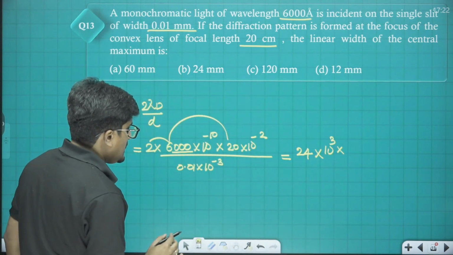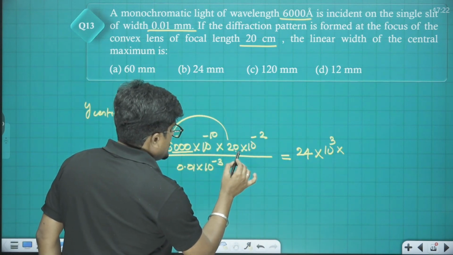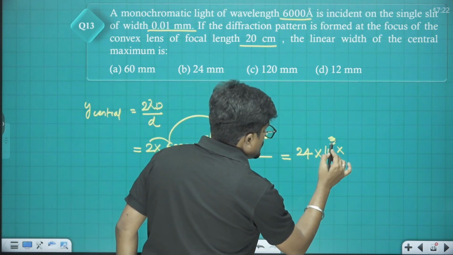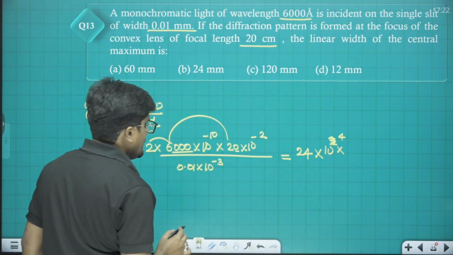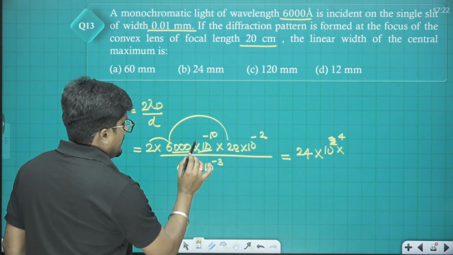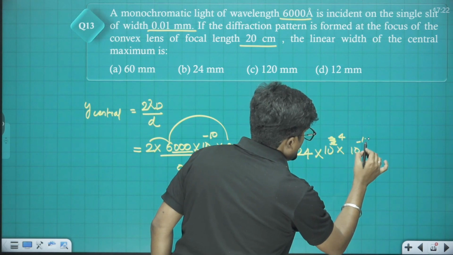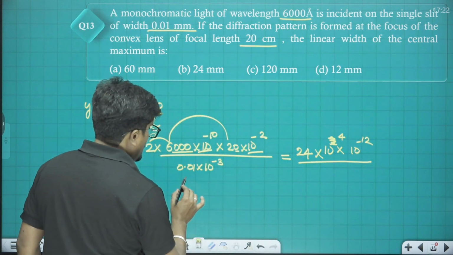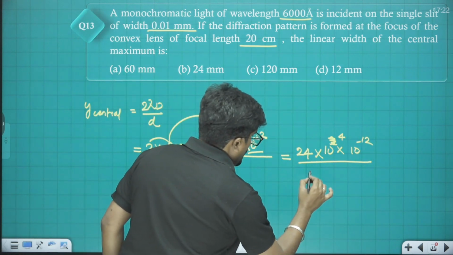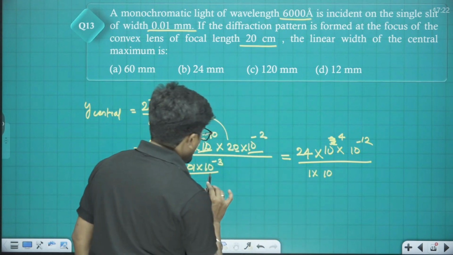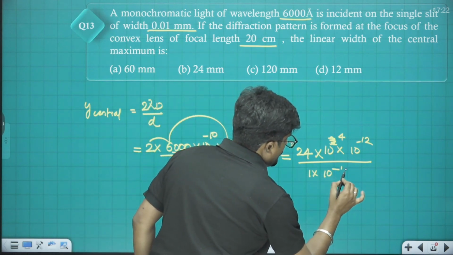Here this is 10 to the power 3 and here this is 10 to the power 4, so let me write this as 10 to the power 4, and here 10 to the power minus 10, 10 to the power minus 2, that is 10 to the power minus 12, all divided by 1 into 10 to the power minus 5.